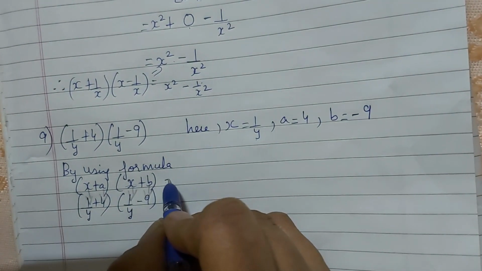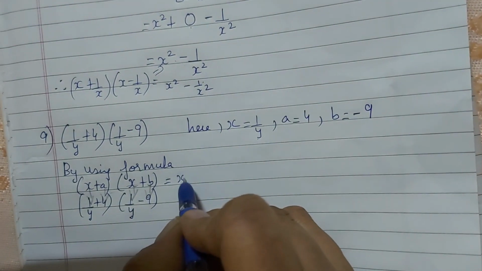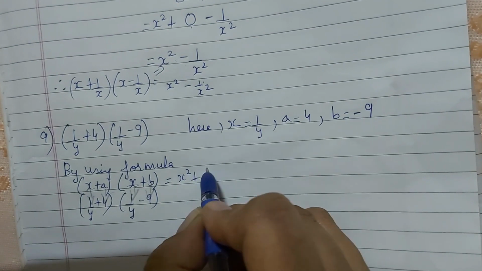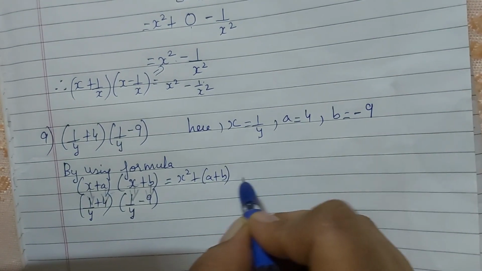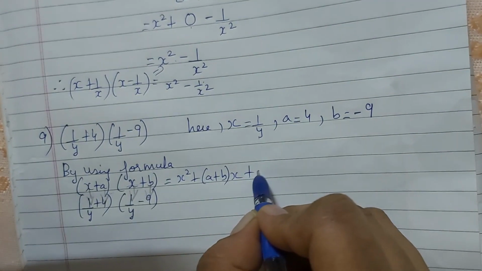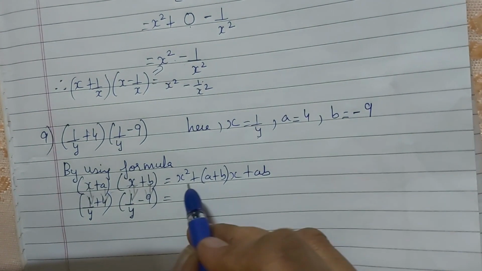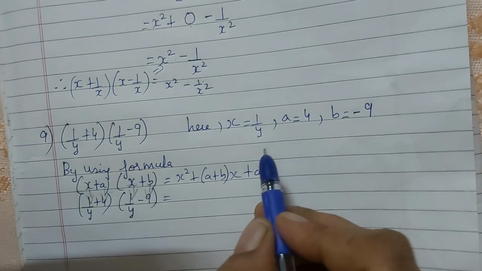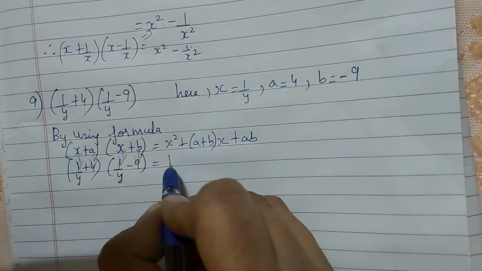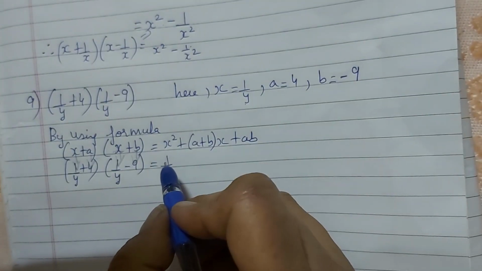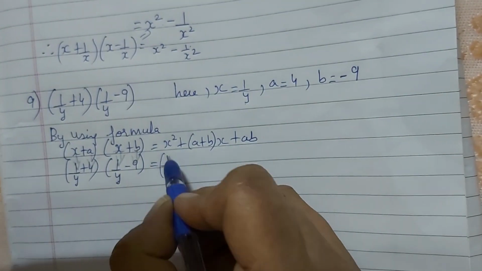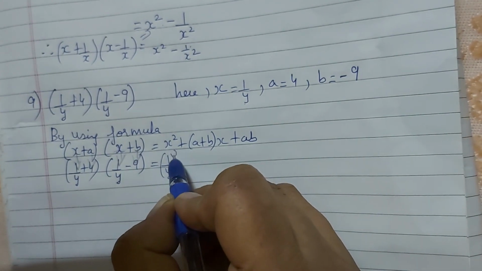I forgot to write x square plus a plus b into x plus ab is equal to, x value is what? 1 upon y. So we will write 1 upon y. Now we will put this whole bracket and we will put this square.